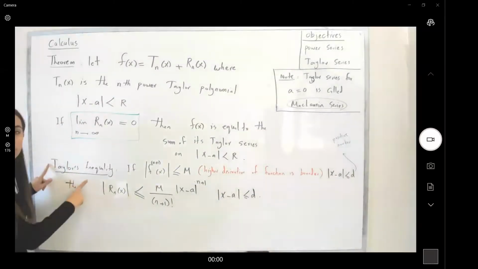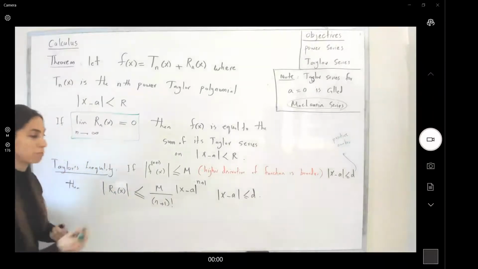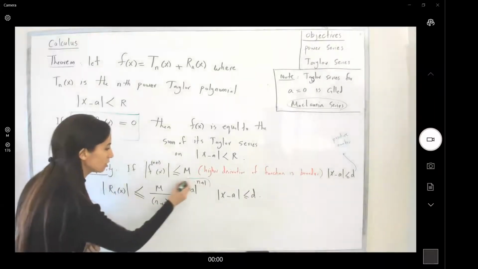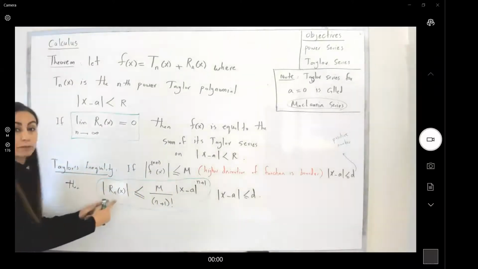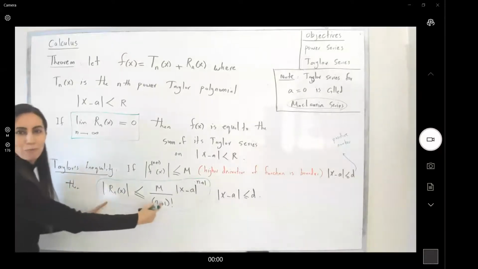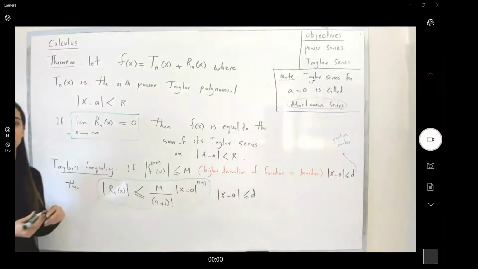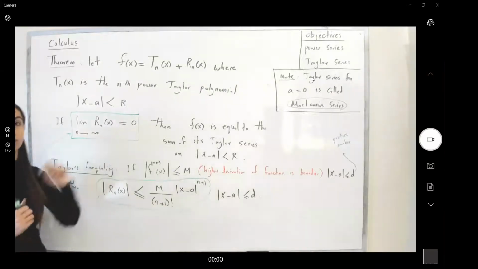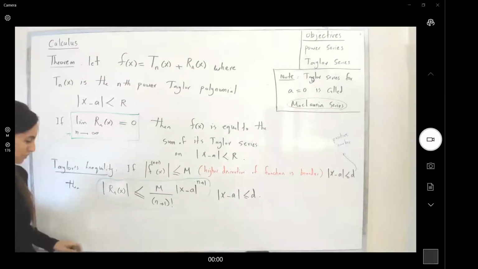So Taylor's inequality helps us find boundaries for our remainder. If we have boundaries for our remainder, we can easily take the limit. If the limit is equal to 0, then we can use our theorem.